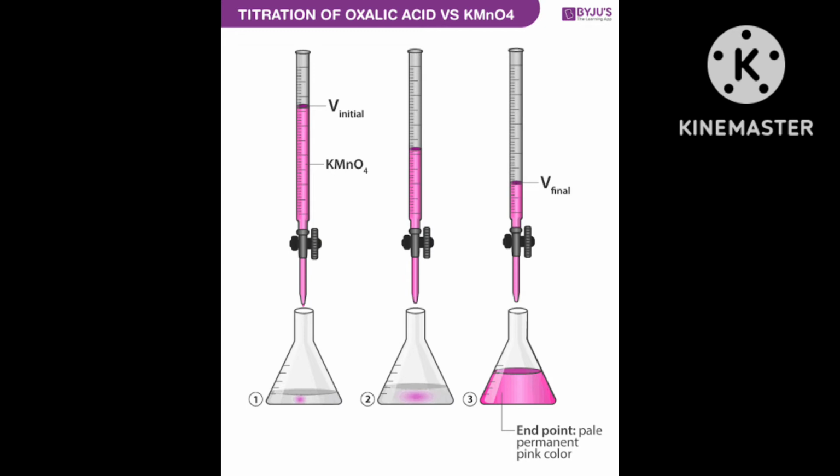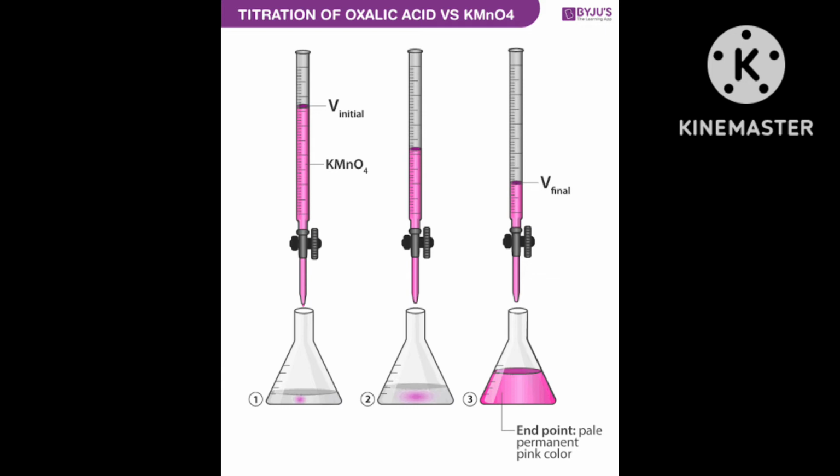I have told you redox reaction as the basis for titration. In all three examples I gave, redox reaction was going on everywhere. Redox reaction is the basis for titration.